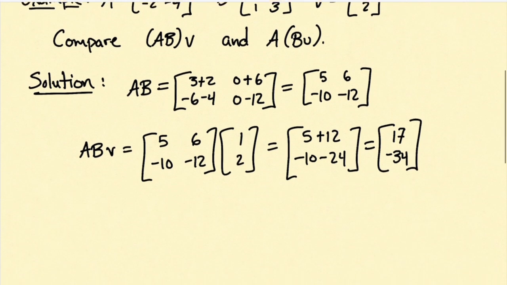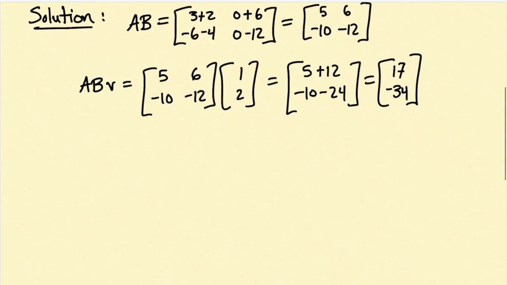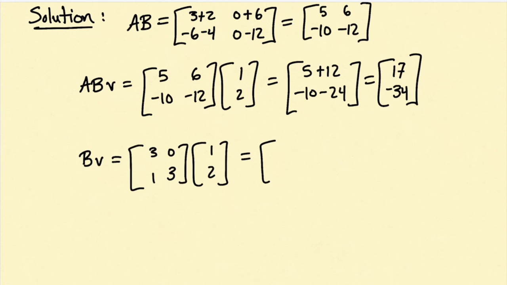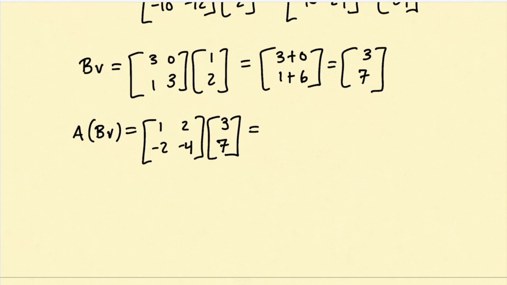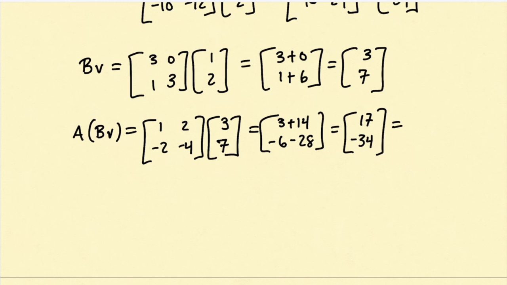In the opposite direction, we first take the matrix B, then multiply that by V on the right. This gives us the vector 3, 7. And then we multiply that vector by A on the left. The result of this operation is the vector 17, -34, which is exactly the same as what we computed above. That's AB acting on the vector V.